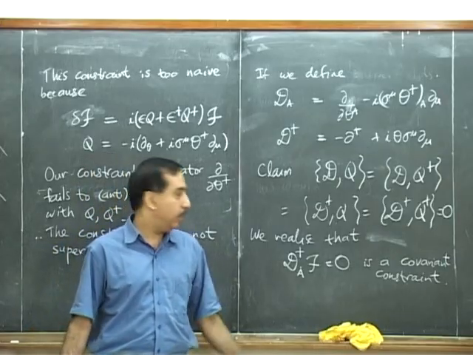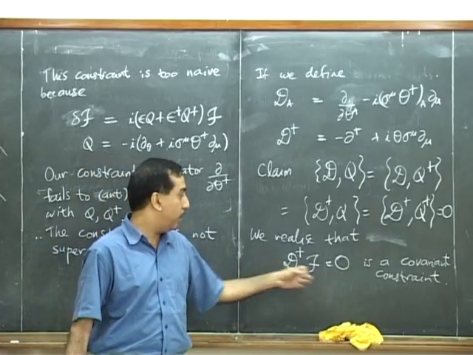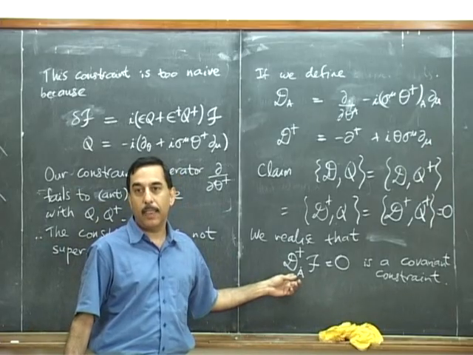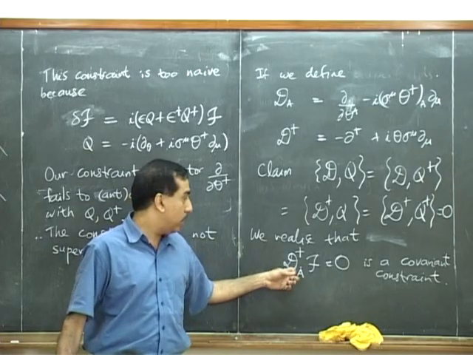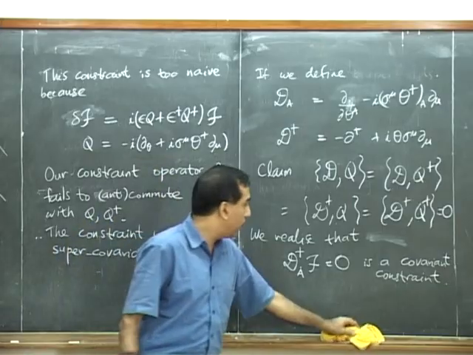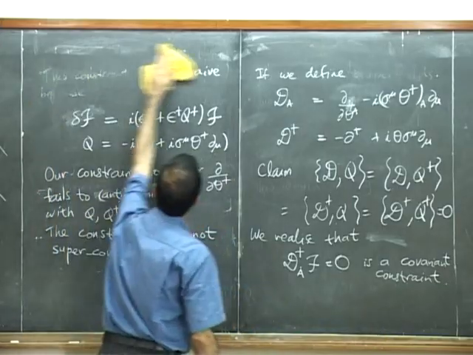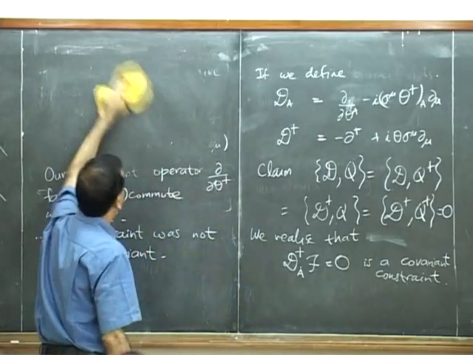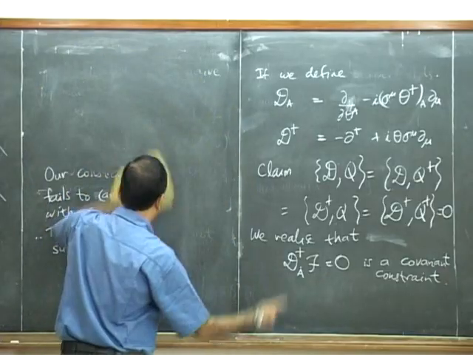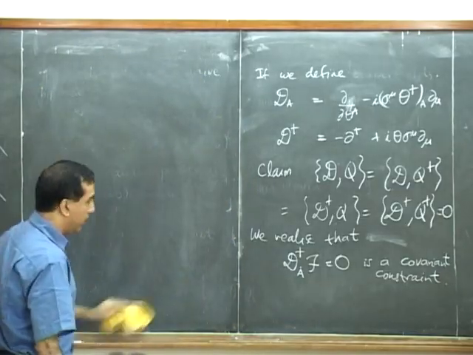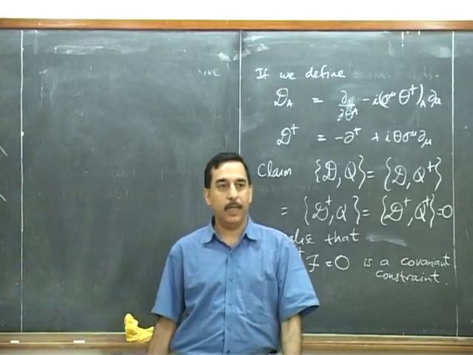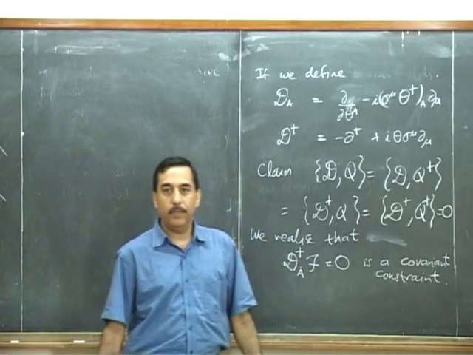Of course, it should cut down something because it's a constraint. A general F certainly doesn't satisfy this. But what is the consequence of this, we'll explore in a moment. It's a covariant constraint because if F satisfies it, then after I transform F with supersymmetry, the new F will still satisfy it. Okay?